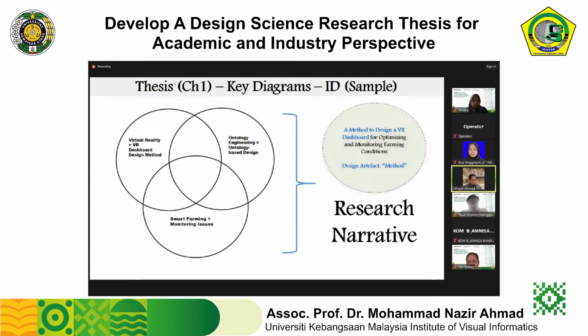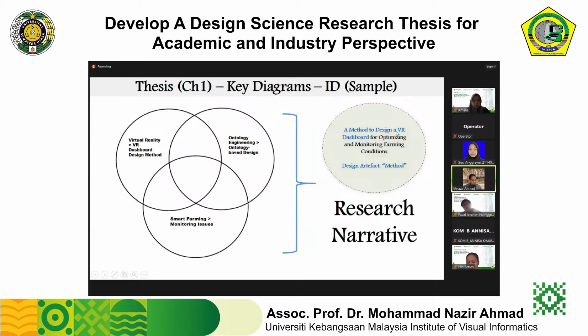So top management wants to do something with very cutting edge technology. They want to use virtual reality to see and monitor how the plants grow. So one way we can do it is addressing a monitoring issue. Talking about the monitoring issue in smart farming, we need virtual reality technology.